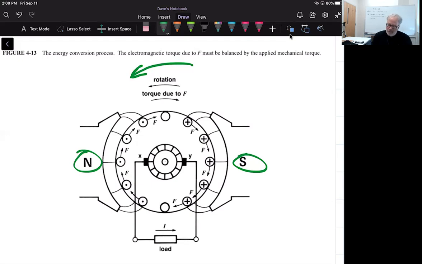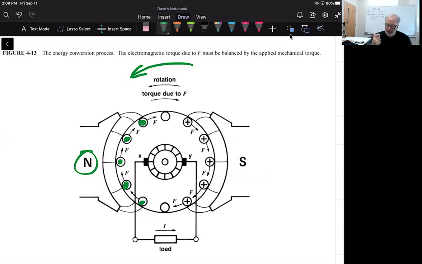But just know that conductors that are all exposed to the North Pole here would have current flowing in one direction, indicated by the small dot in here. We might think about an arrow with its point coming toward us.